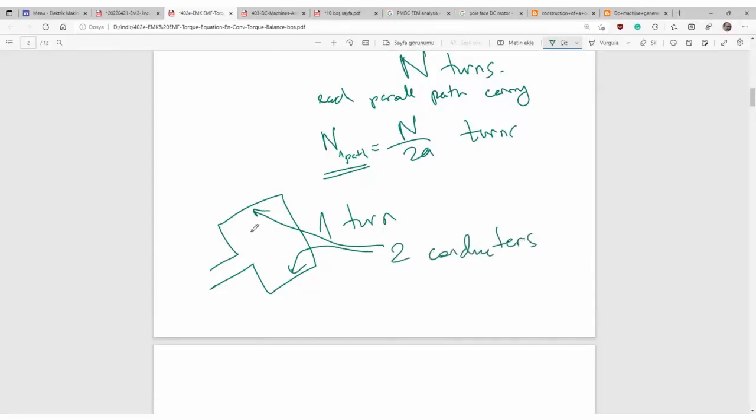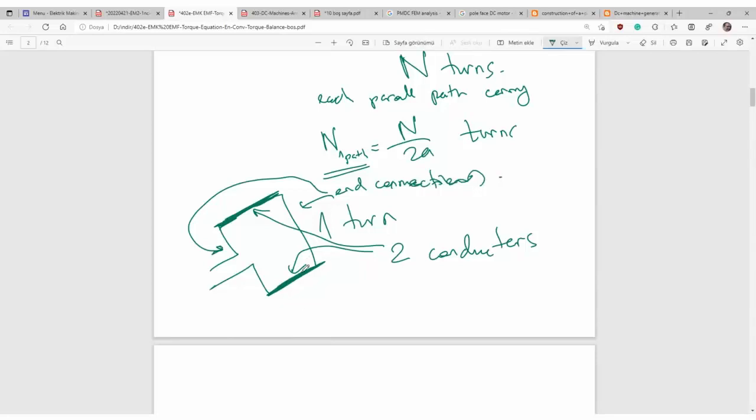Remember, I always said that those are active conductors inducing electromotive force, and those are end connections, connecting the induced electromotive forces to each other.